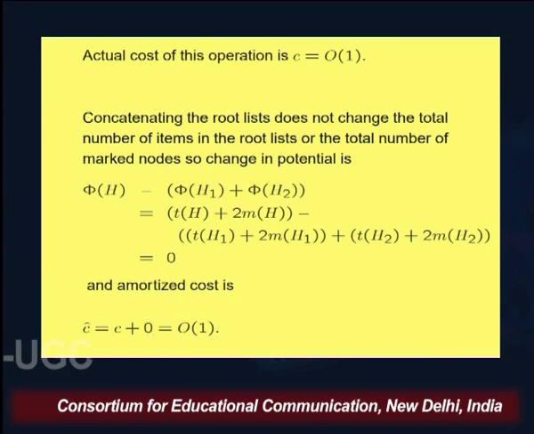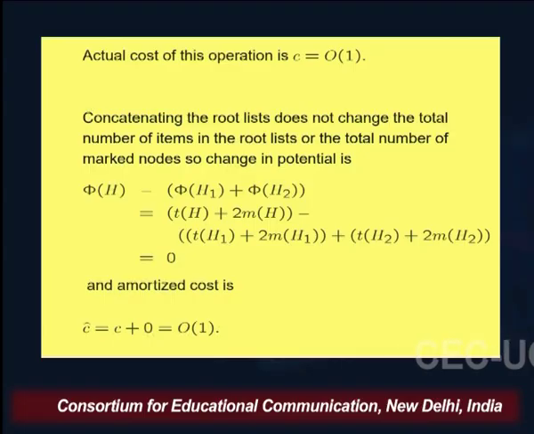So, the amortized cost is equal to the actual cost plus the change in potential. That is the formula written on the last line of your slide, as you can see.